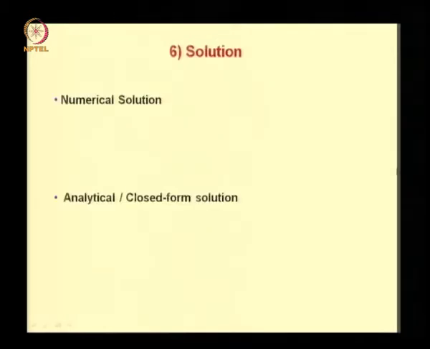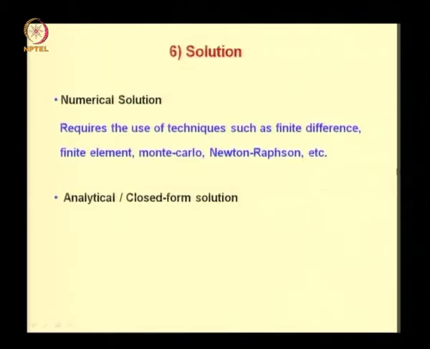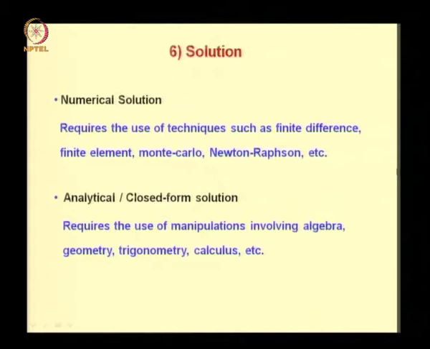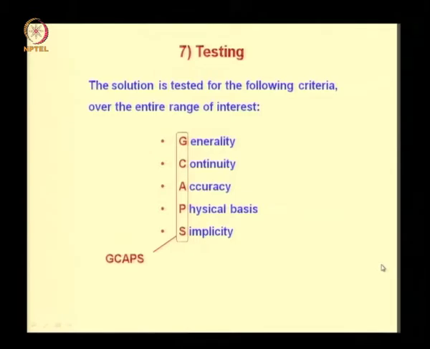Coming to the solution, we said there are two types of solutions, numerical and analytical or closed form. Numerical solutions require the use of finite difference, finite element, Monte Carlo and Newton-Raphson techniques, whereas analytical or closed form solutions are obtained from manipulations involving algebra, geometry, trigonometry, calculus, etc. Regarding the testing step, we said we test the solutions for the GCAPS criteria.